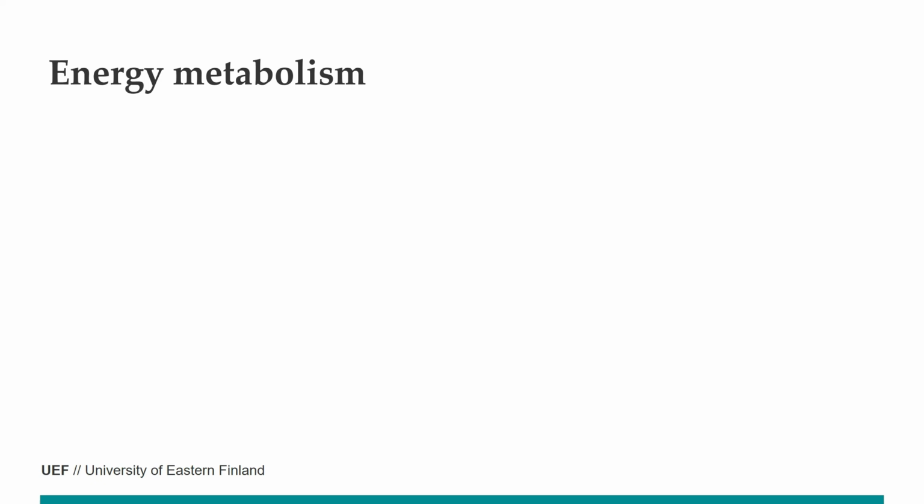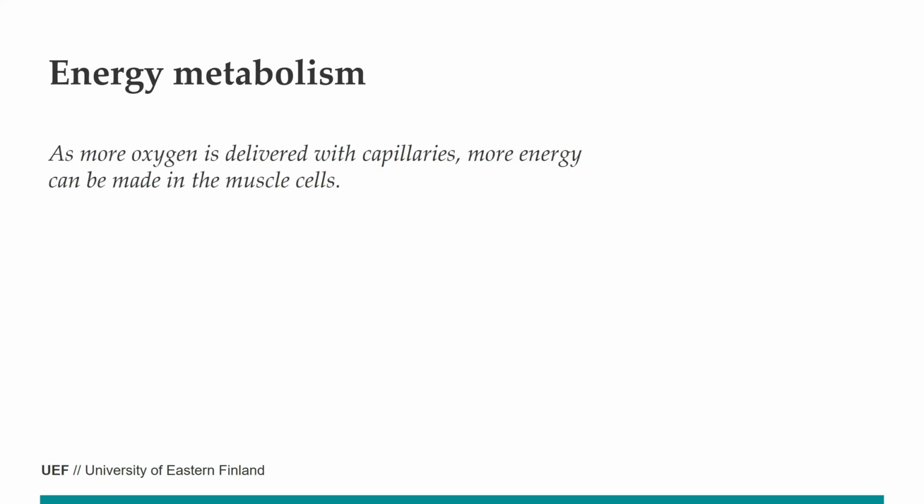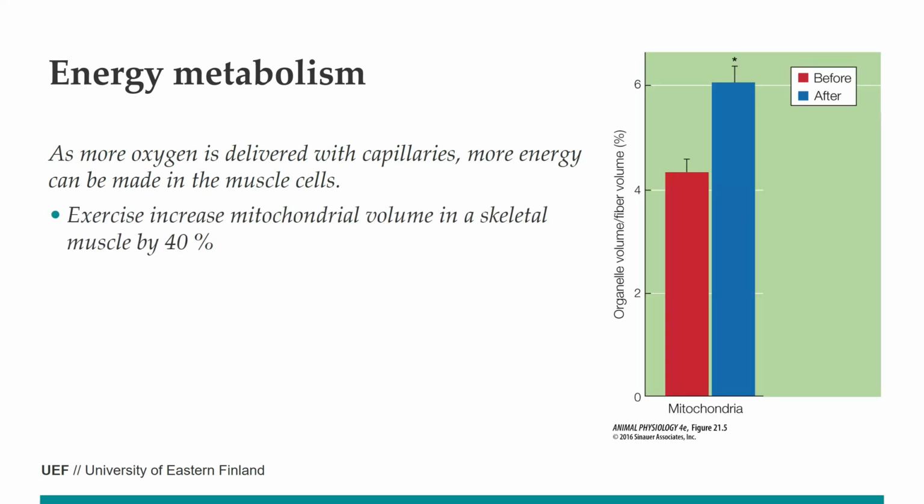Okay, then on the energy metabolism. So when we have more oxygen, of course, then we can make more energy in these muscle cells. And for that reason, we are increasing the mitochondria. So we have larger and more mitochondria in the skeletal muscles.